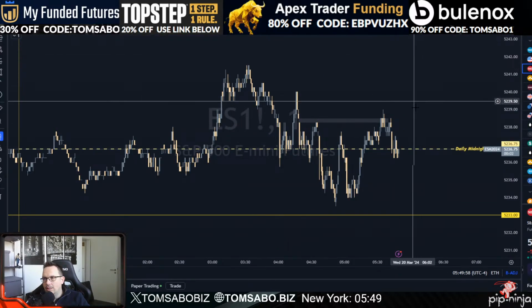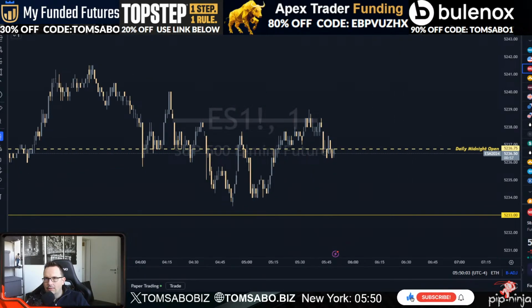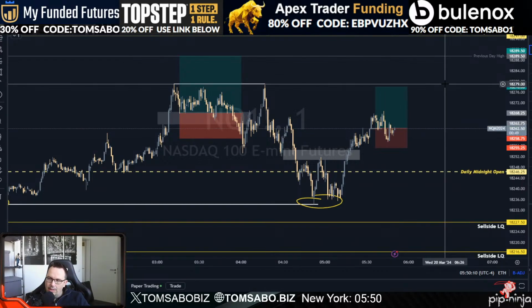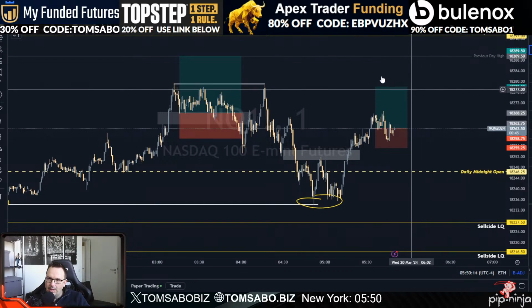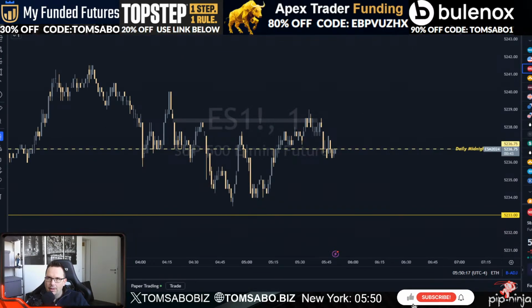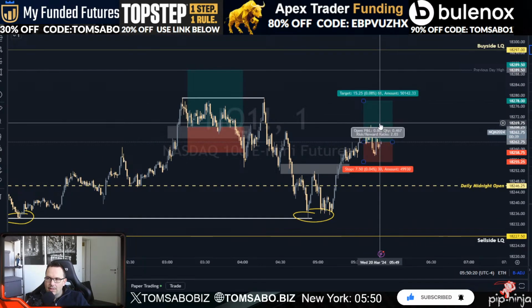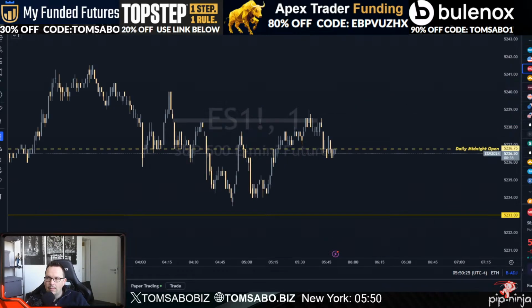I don't know, but if ES wants to go for that liquidity void, that could help NQ to pop higher. So far, I don't want to jinx it, but that steep movement from Nasdaq didn't happen, which is a good sign.